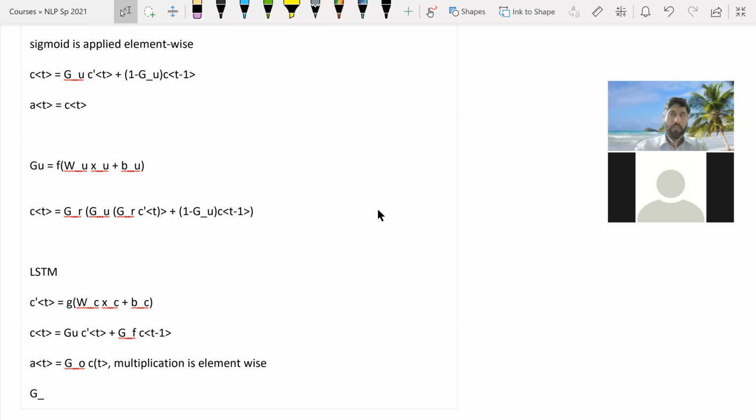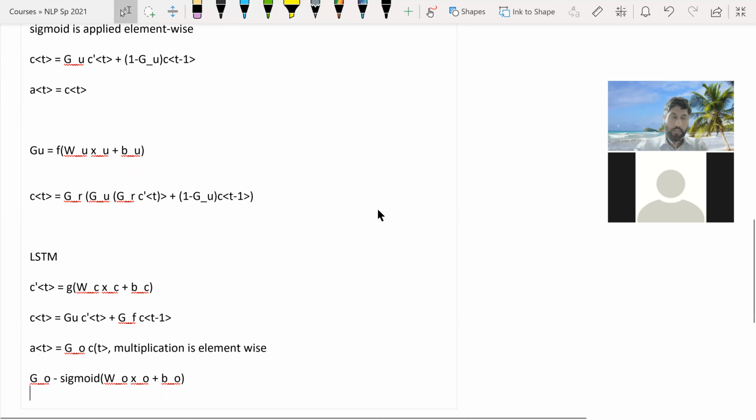For example, G_O is sigmoid. It will always be sigmoid here, because we want the value to be between 0 and 1. We'll use the same notation, sigmoid of W_O [X_O] plus B_O. O for output. Similarly it will be for F as well.